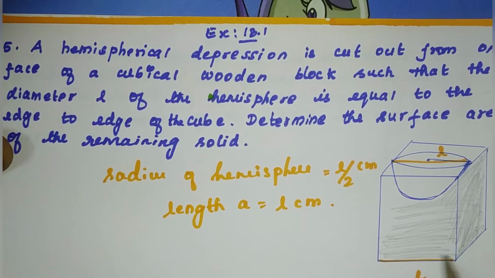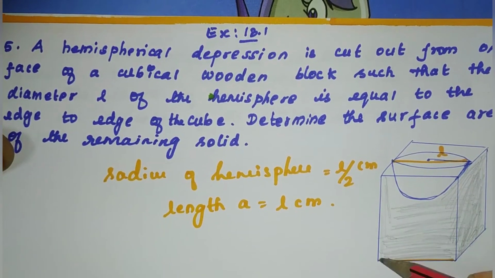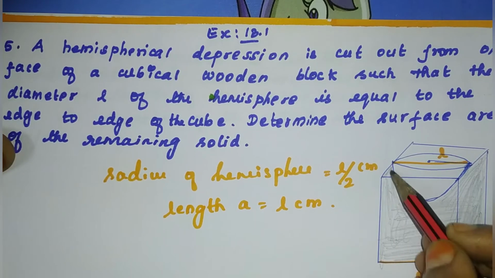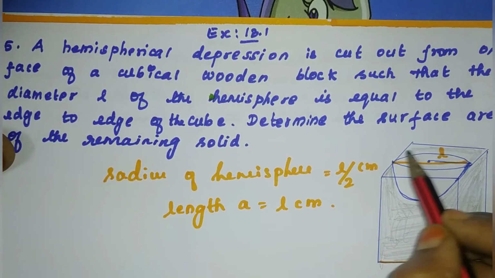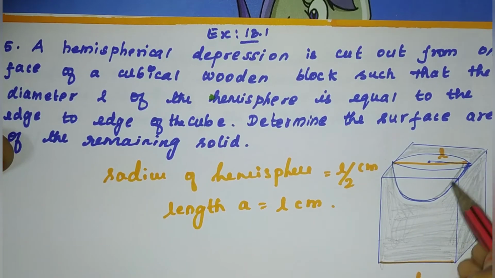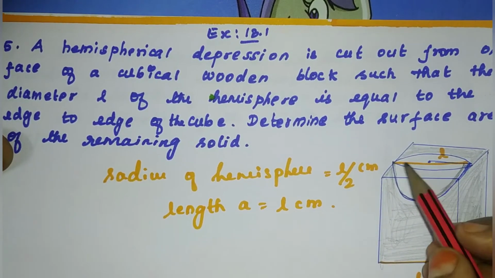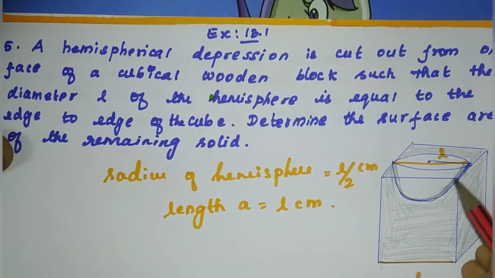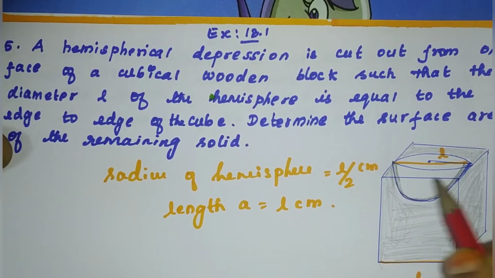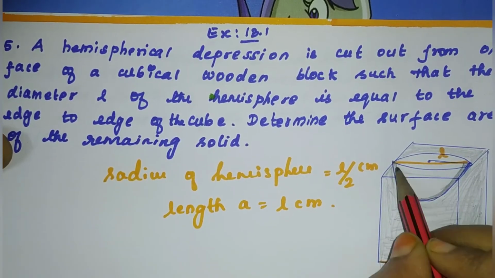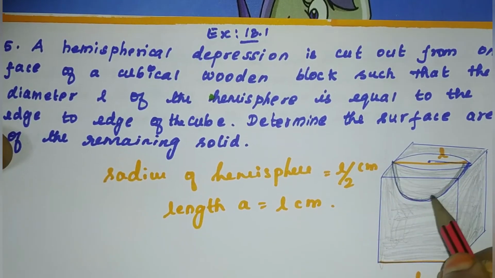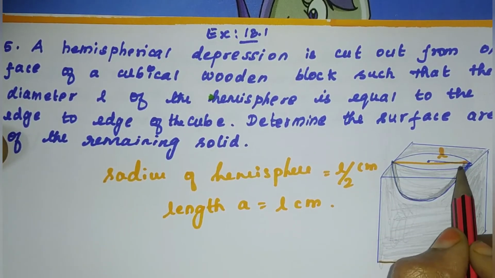We have to find the total surface area of a cube, and the curved surface area of a hemisphere, and you have to subtract this space.